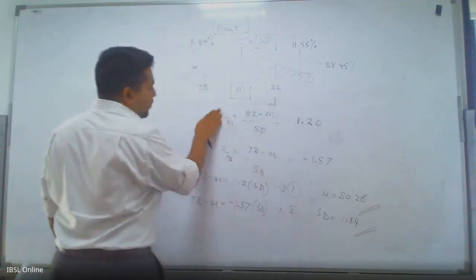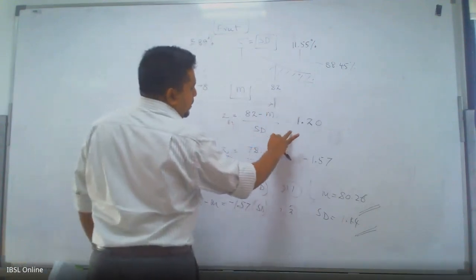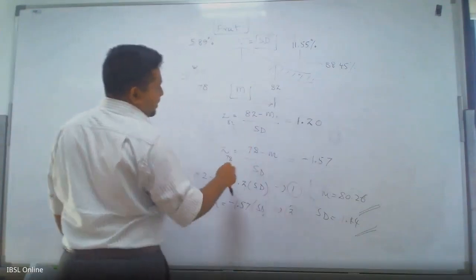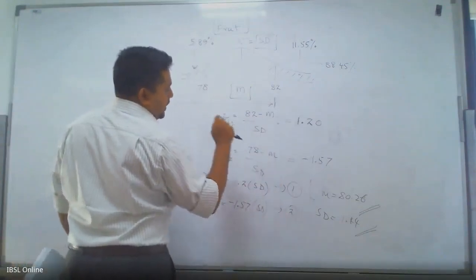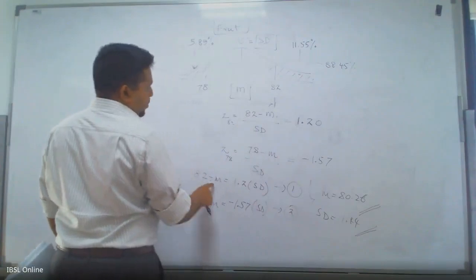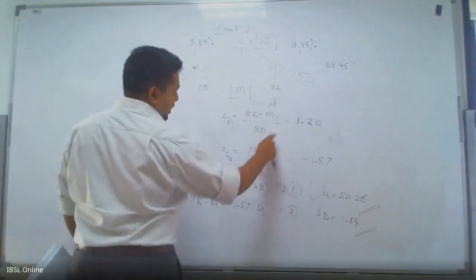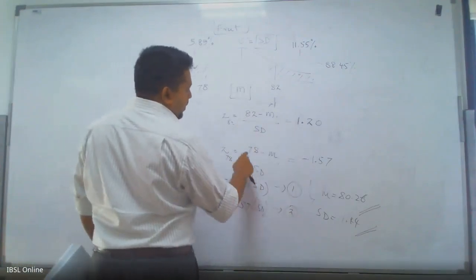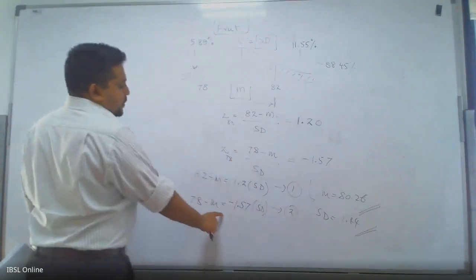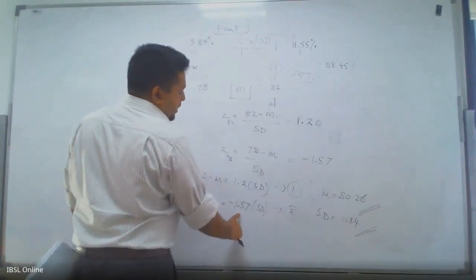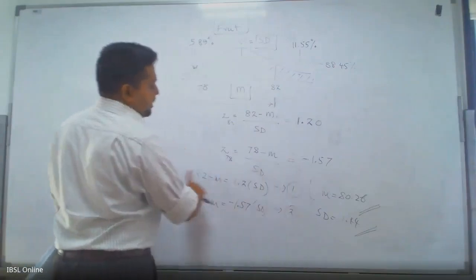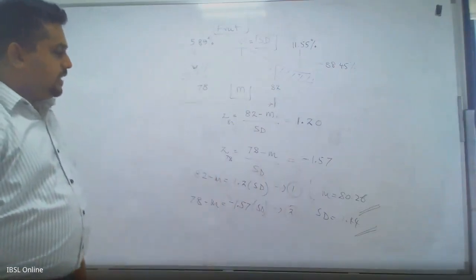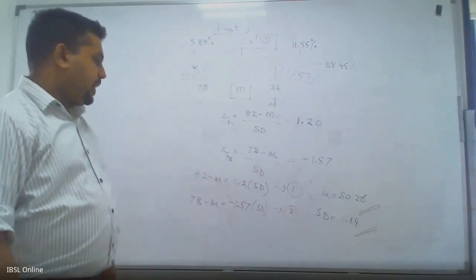Then when you look back, forget these two Z values. That means you're left with two equations where two unknown values are there. 82 minus m is equal to 1.2 times standard deviation. 78 minus m should be equal to negative 1.57 times standard deviation. So two equations you can easily resolve and get the answers for m and SD.